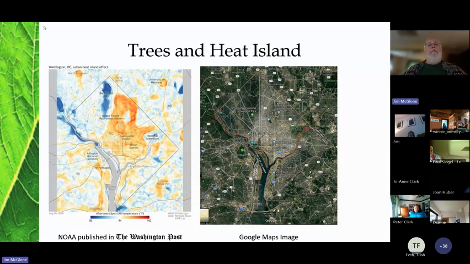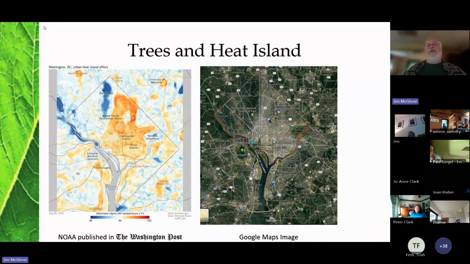We know from the mitigation standpoint, I mentioned transpiration and ambient heat. On the left is a map that was produced by the NOAA of heat islands or heat dispersal on one afternoon in August of 2018 in the DC area.